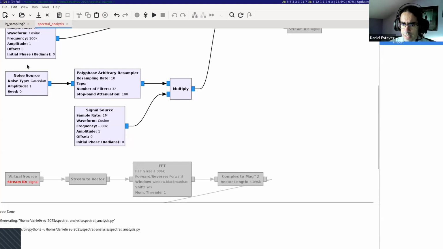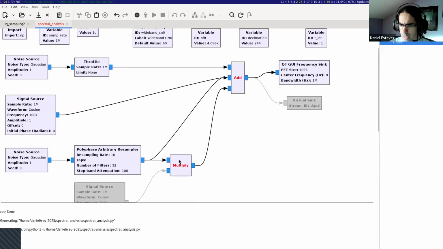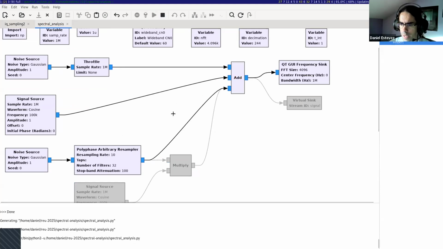And that is how we accomplish this noise, which is flat. It basically occupies all the bandwidth, how we make it occupy only 100 kilohertz by using this polyphase arbitrary resampler.